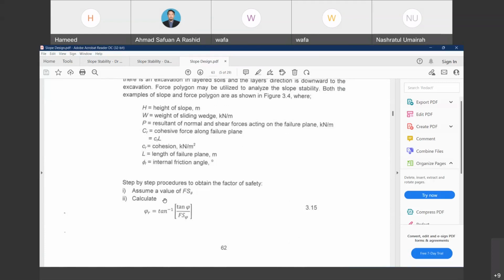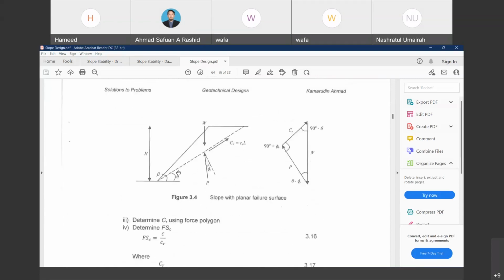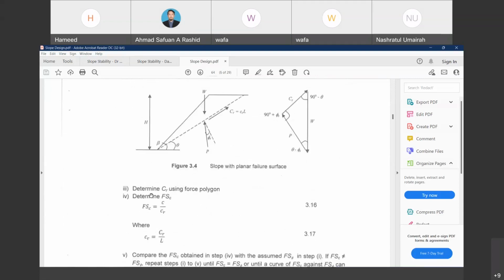At least we need to run 3 attempts, similar to what we have discussed in Dr. Nuli's example. So this is the procedure. Assume a value of FS phi, then calculate the phi r. Then this phi r we will use to determine the CR.